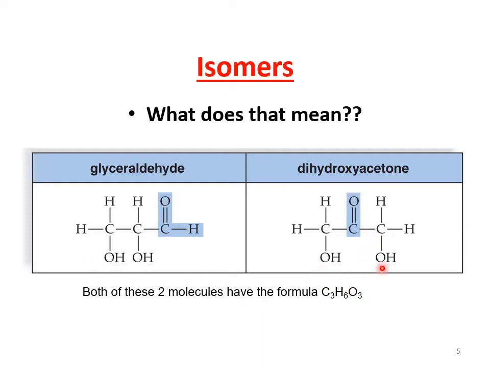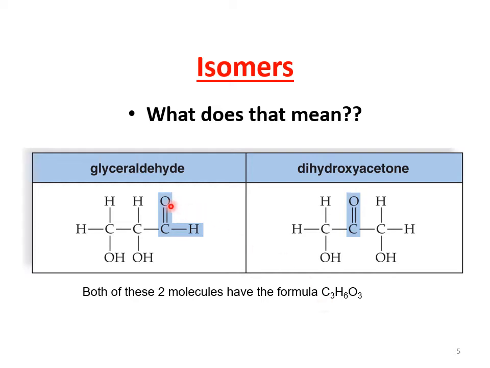So they both have the same molecular formula, meaning the same number of each of their elements. But what's different is how they are arranged. So an isomer is defined as two molecules with the same molecular formula, but a different arrangement of the atoms, okay? Different arrangement of the atoms. Make sure you write that down.